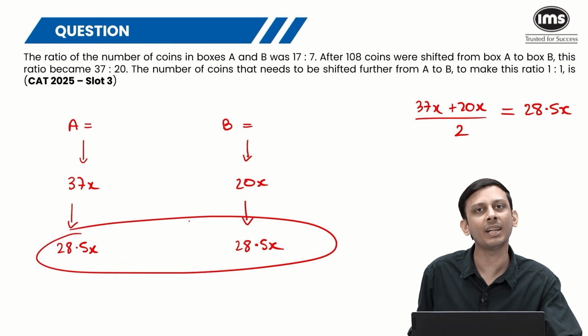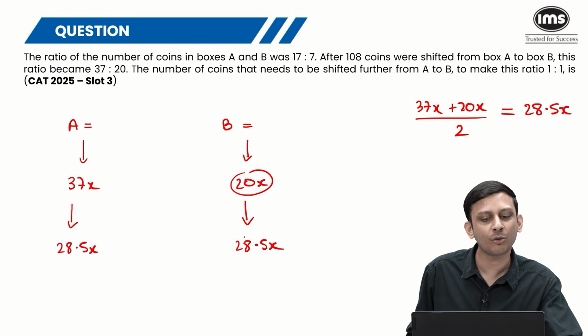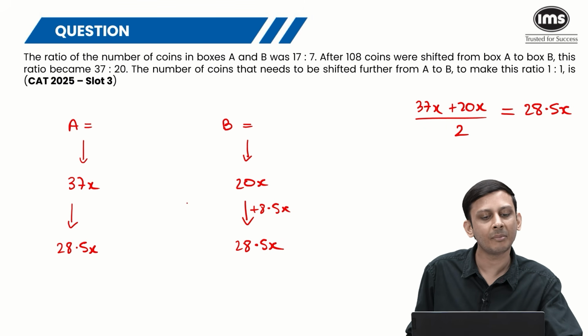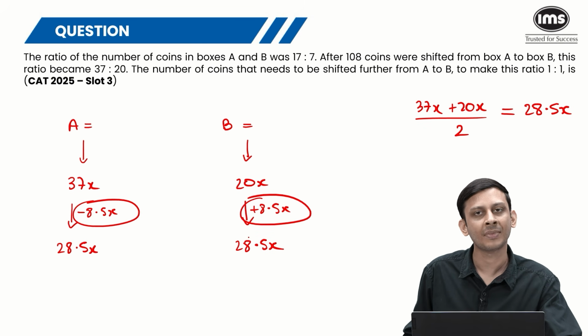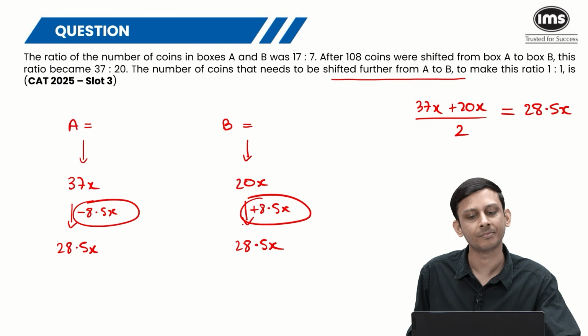Then they will become equal in the ratio 1:1. And of course, then we can see that 20x to 28.5x, that is an increase of 8.5x. And similarly, this will be a decrease of 8.5x. So now, easily we can see that we just have to find out this value 8.5x. That is how much is being shifted from A to B to get the ratio 1:1.